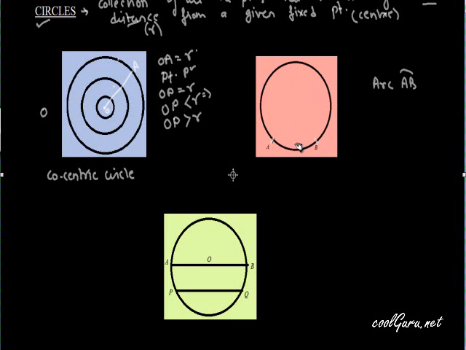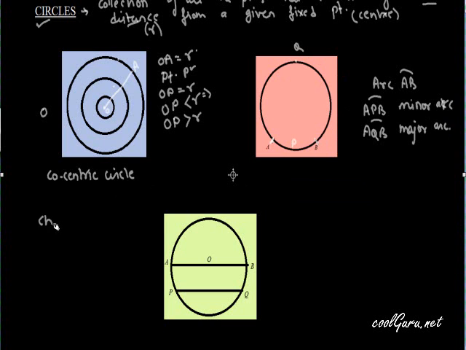So length APB is the minor arc, the smaller arc, and length AQB is the major arc. So arcs are 2 lengths on the circumference of the circle. Points A and B are dividing this circumference into 2 parts, minor arc and major arc.